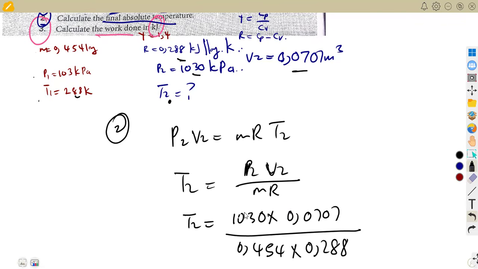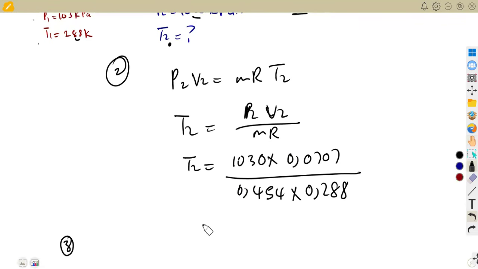So you see, as long as you know your formulas, you won't go wrong. It's just a matter of applying your formulas. T2 is going to be 556.940, to 3 decimal places.